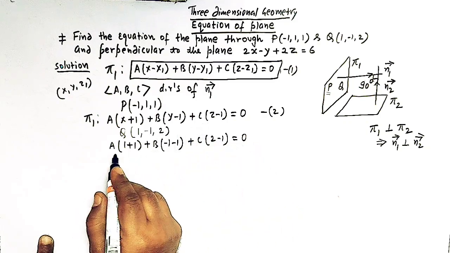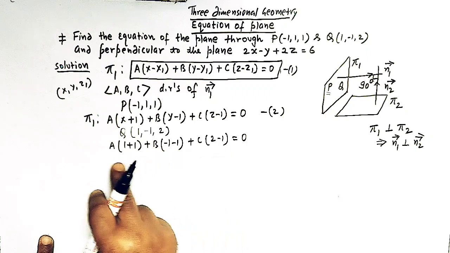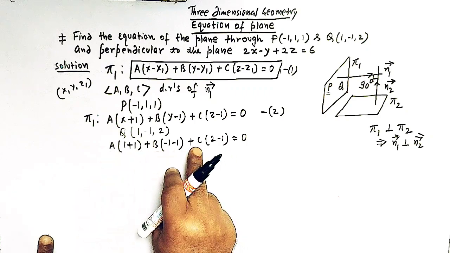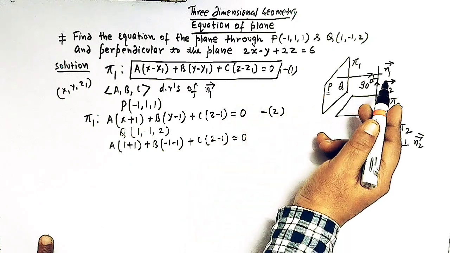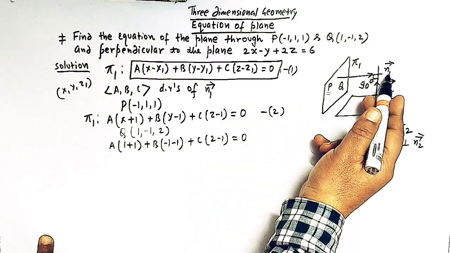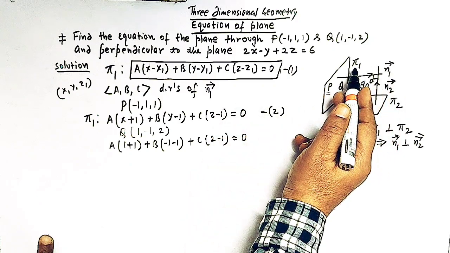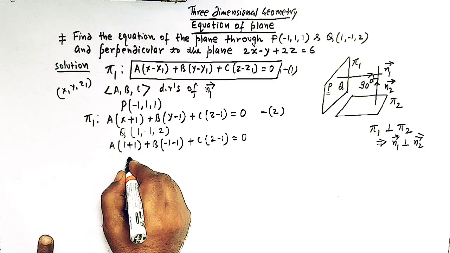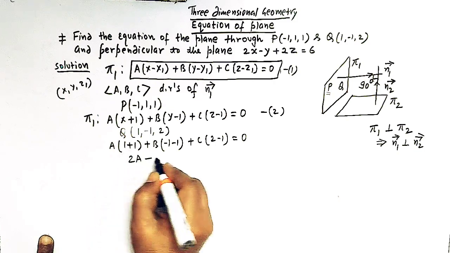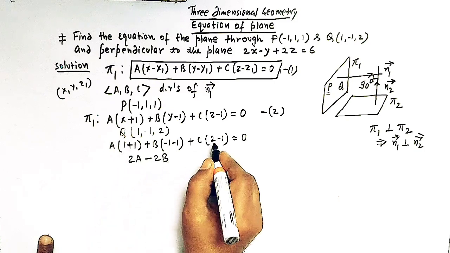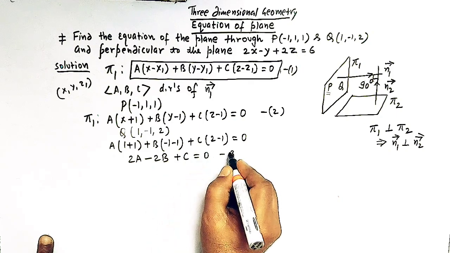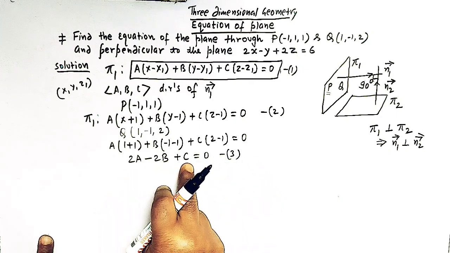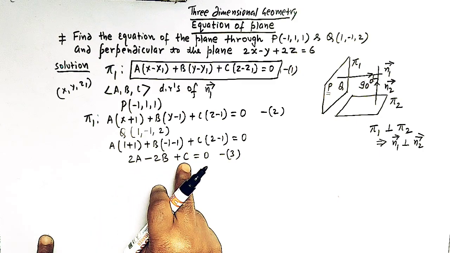So now we have an equation containing a, b, c, where a, b, c are the direction ratios of the normal vector n1 to this plane pi 1. So we have now 2a, then minus 2b, and here we have simply c, right? So now we have this equation in a, b and c.